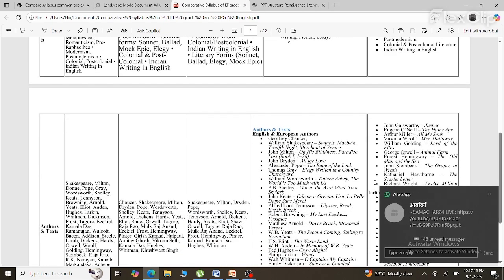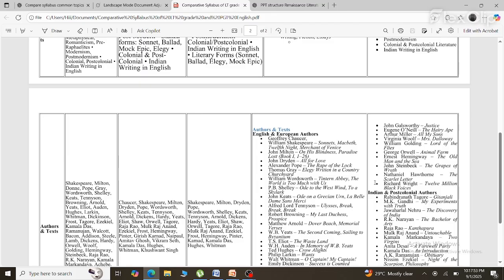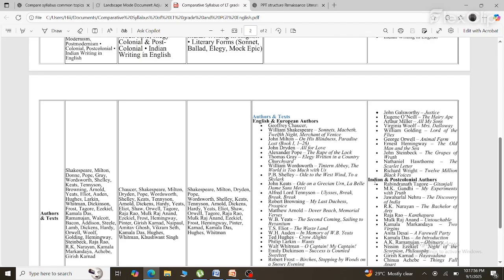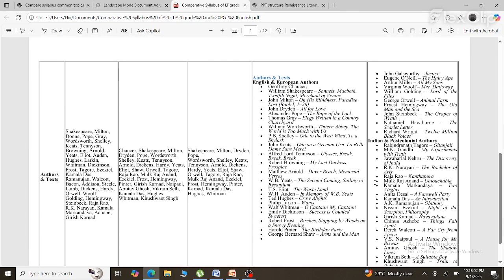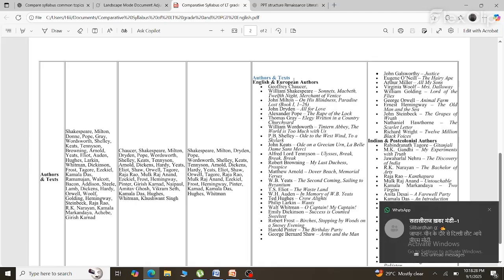So the next and last segment of the syllabus for the preliminary examination as well as the next examination is authors and texts. Like the previous topics, authors and texts are available here. This column represents the common topics, common authors, and on my right side, these 2 columns are for authors and texts of both LT grade and lecturer grade.